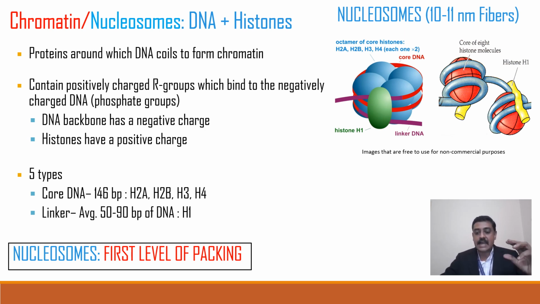Whereas there is another subtype, or the fifth subtype, which we call the linker DNA. Now, if you consider the size of the DNA, invariably it is just 2 nanometers. When DNA has to be bound, it goes 1.65 times around the octamer of histone moieties.